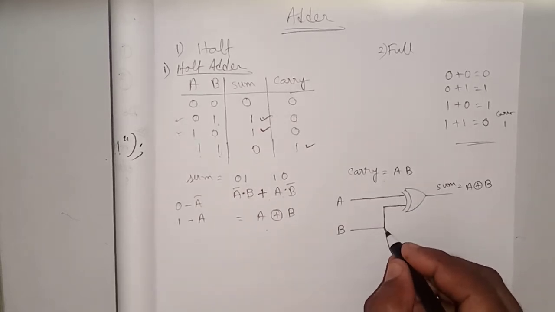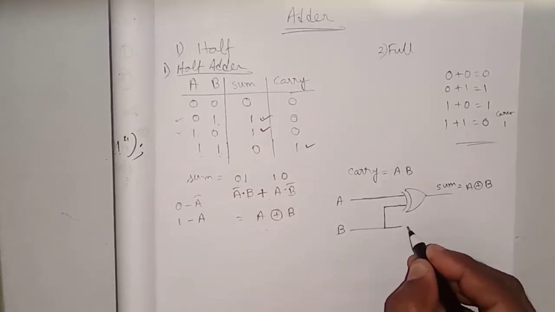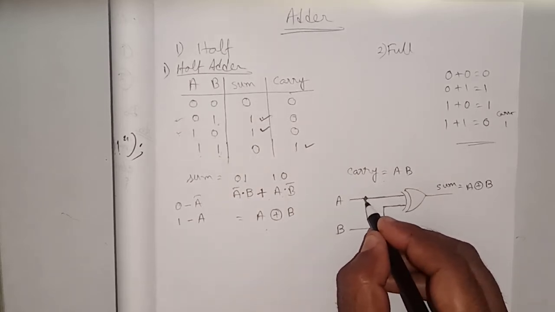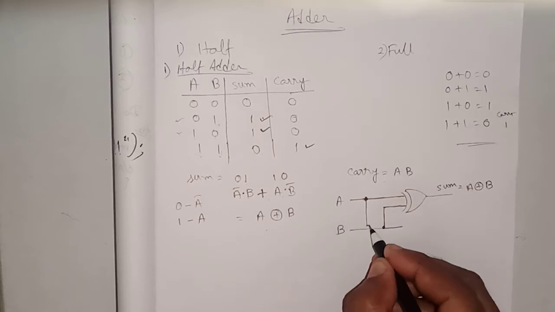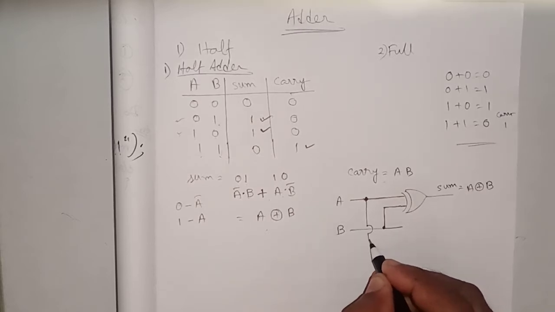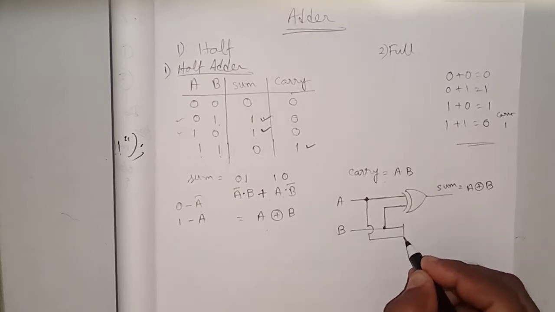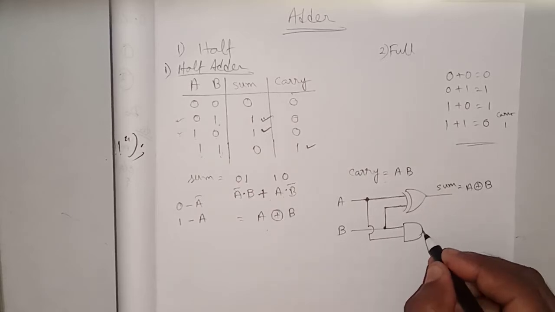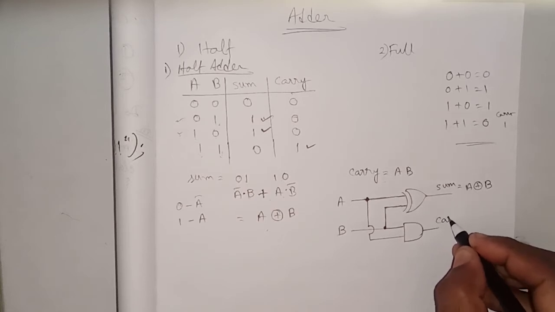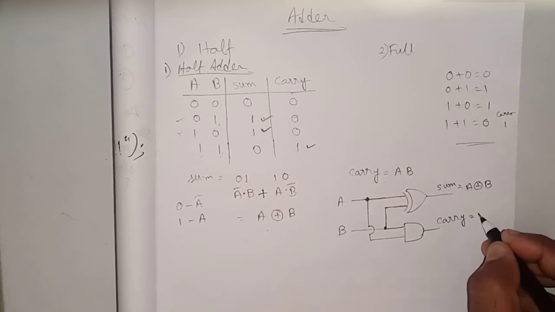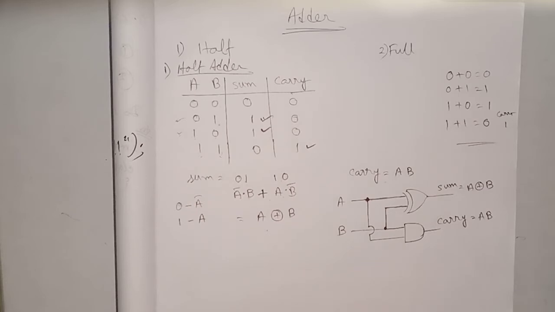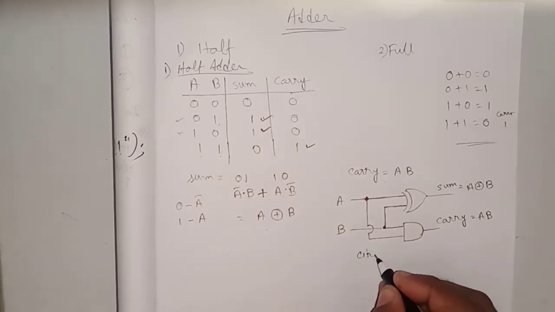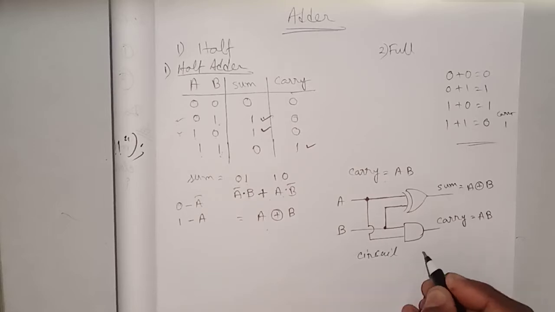So first I am taking B here, and from here A, overlap, then this A line. We use the AND gate for preparing carry, or you can write A B. Okay, this is the circuit.